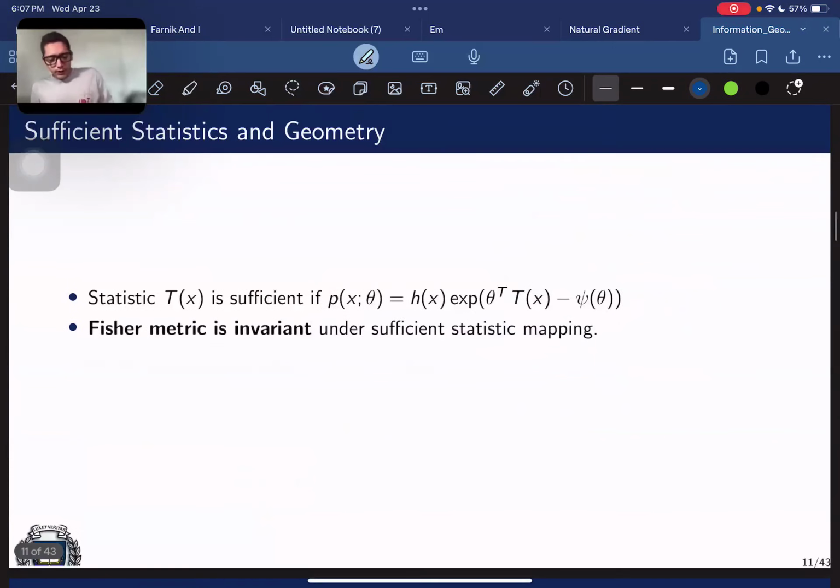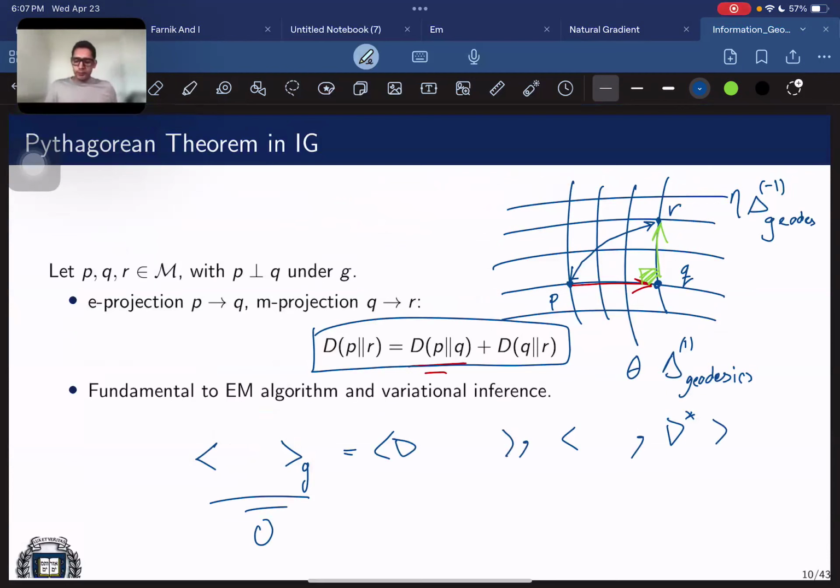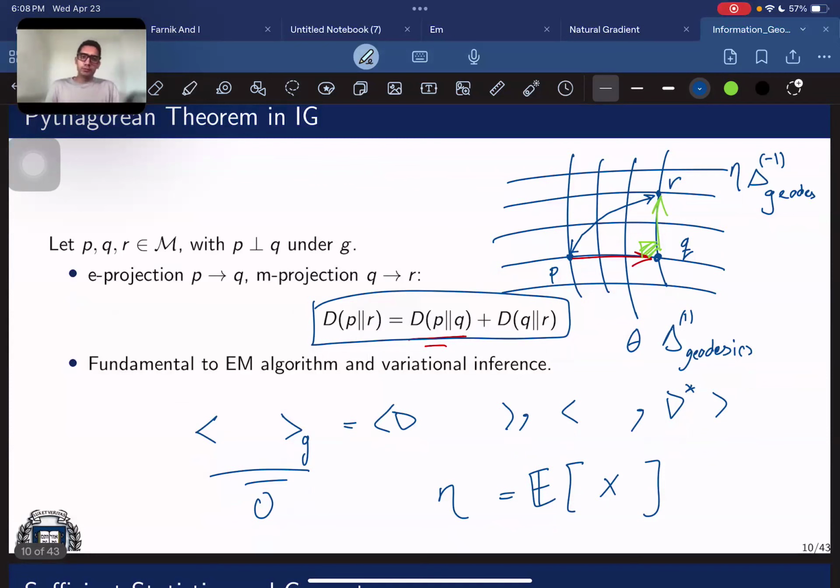Yes. Also, I'm not sure if I discussed the sufficient statistics in information geometry, but essentially, as we saw last time, the eta coordinates or the mixture family coordinates, we can prove that for an exponential family, the expected value of x is a sufficient statistic, which means it achieves the least variance.